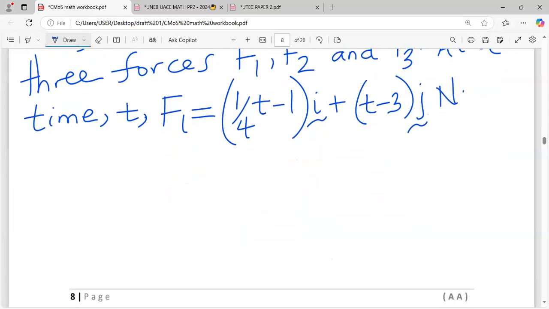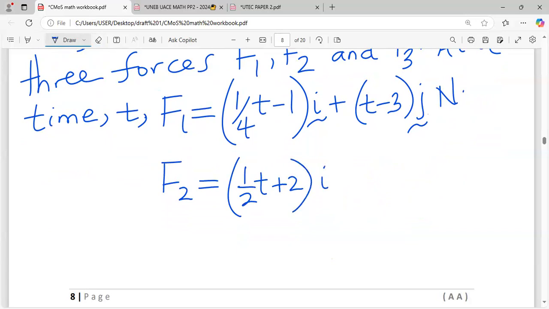Then we go to force 2. F2 is t plus 2 i plus t minus 4 j.